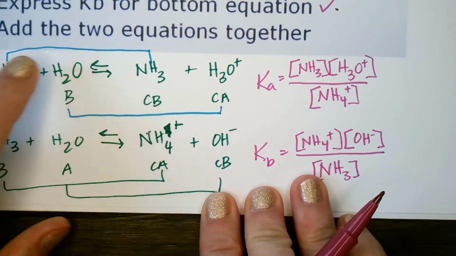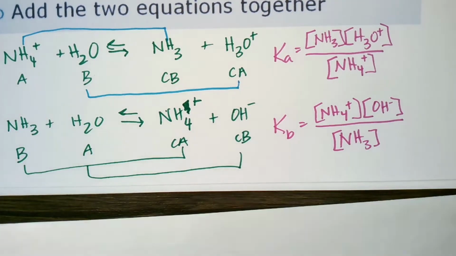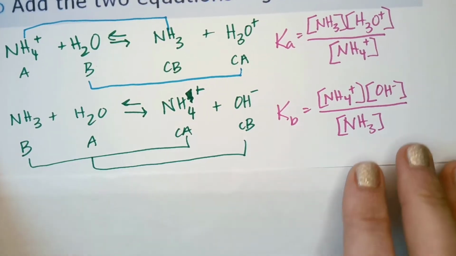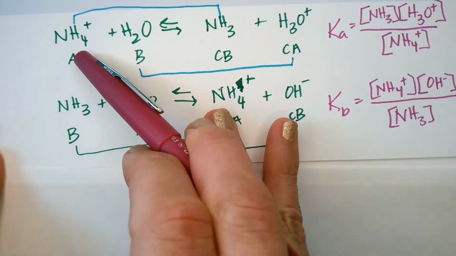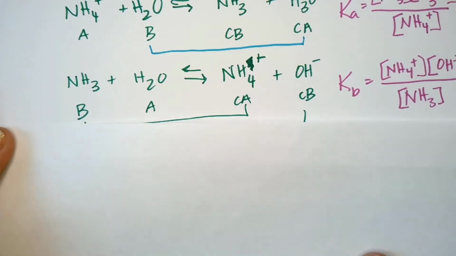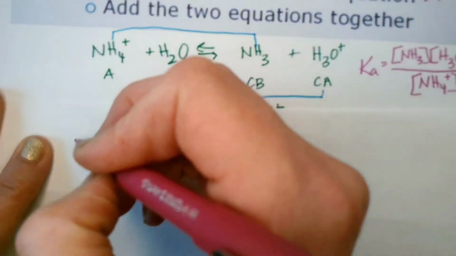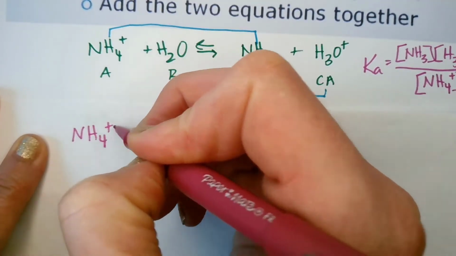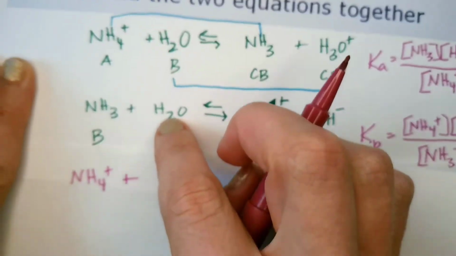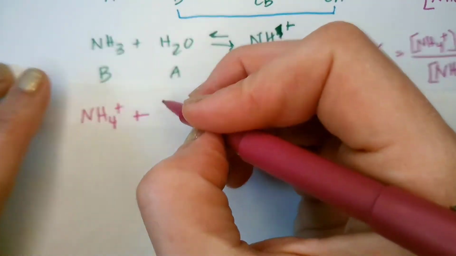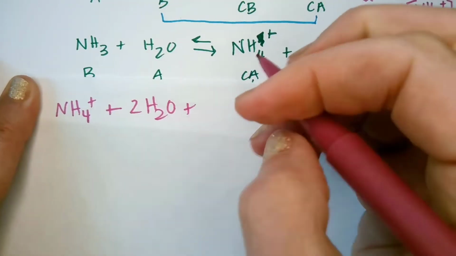Let's add the two equations together. By adding the two equations together, we're taking NH4 plus, the left side of the top equation, plus one water, another water, that's two waters, plus NH3.